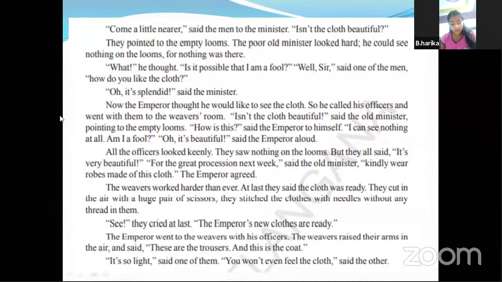They stitched the cloth with needles without any thread in them. "See," they cried at last, "the emperor's new clothes are ready." The emperor went to the weavers with his officers. The weavers raised their arms in the air and said, "These are our trousers, and this is the coat. It's so light," said one of them. "You would not even feel the cloth," said the other.